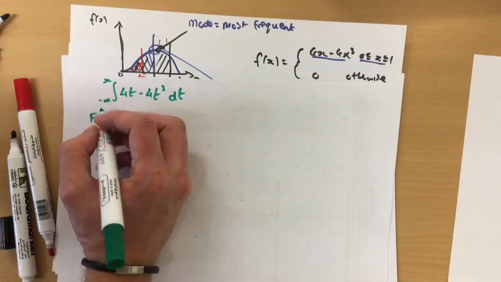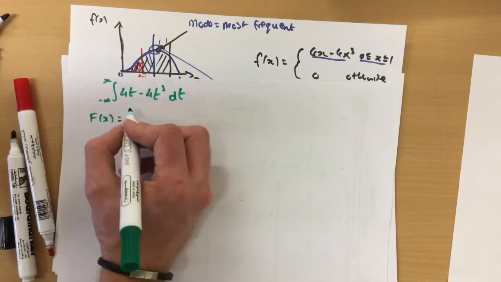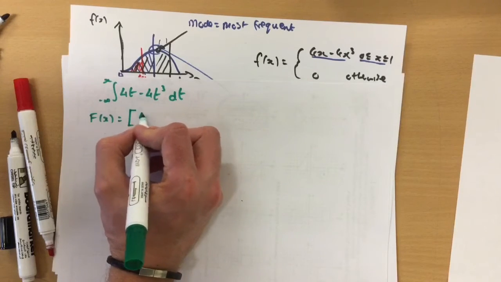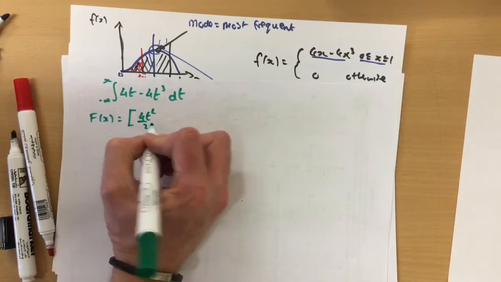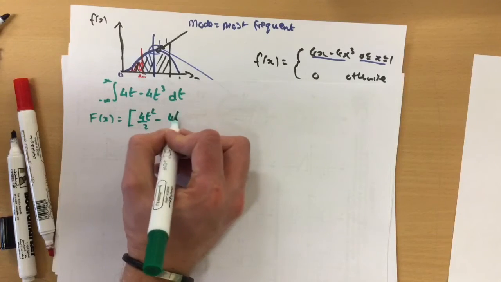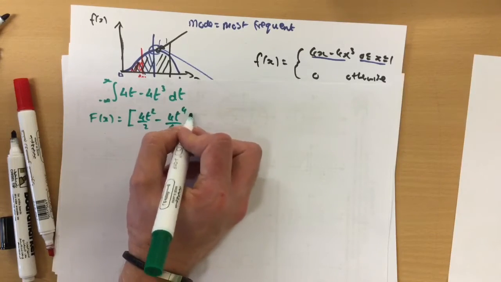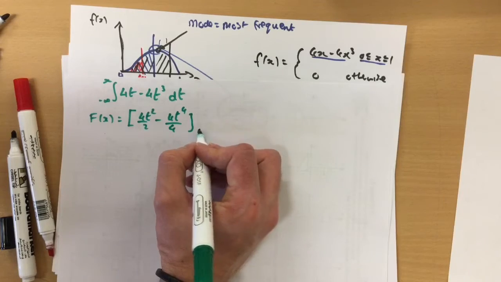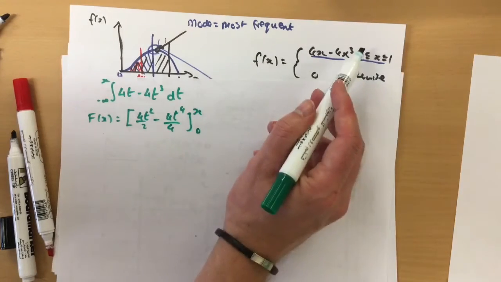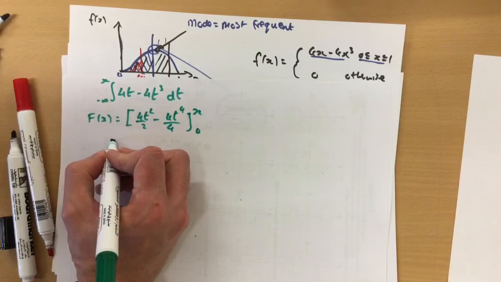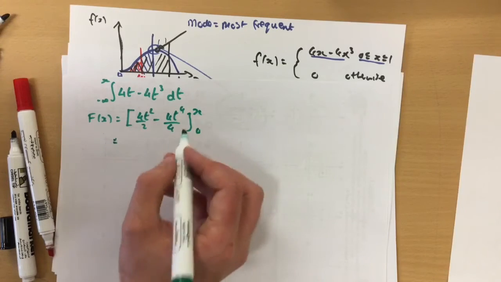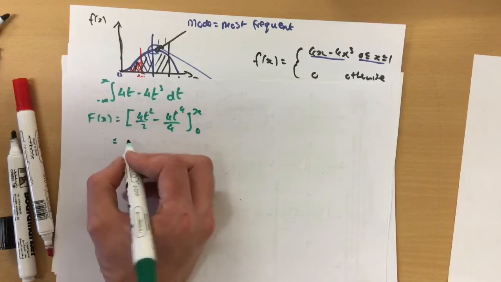So our cumulative function is going to be 4, increase the power by 1, divide by the power. Increase the power by 1 is 4, divide by the power, between 0 and x, because our graph starts at 0. And we're going to substitute in x for the t's.